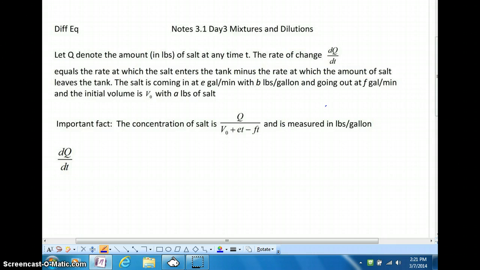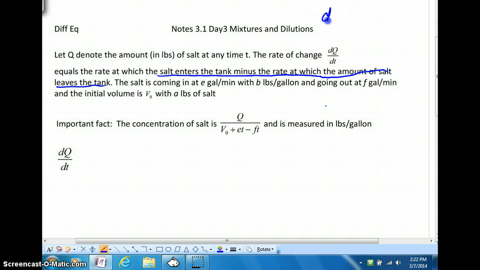Let's let Q denote the amount in pounds of salt at any time t. The rate of change dQ/dt equals the rate at which salt enters the tank minus the rate at which the salt leaves the tank.